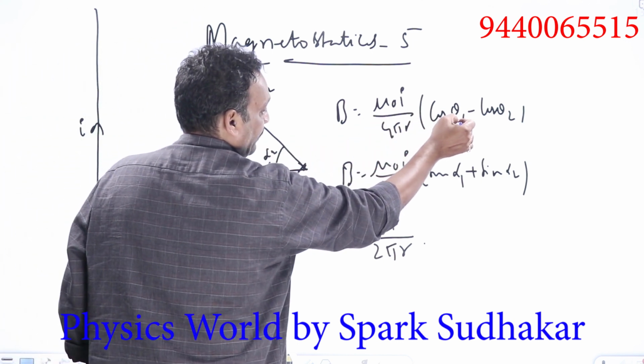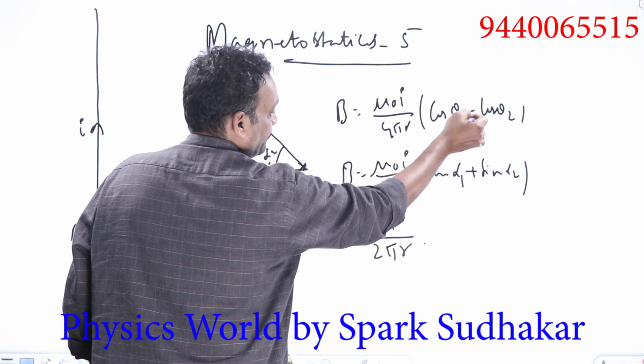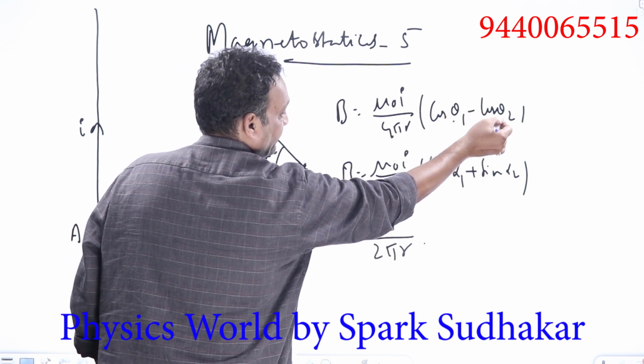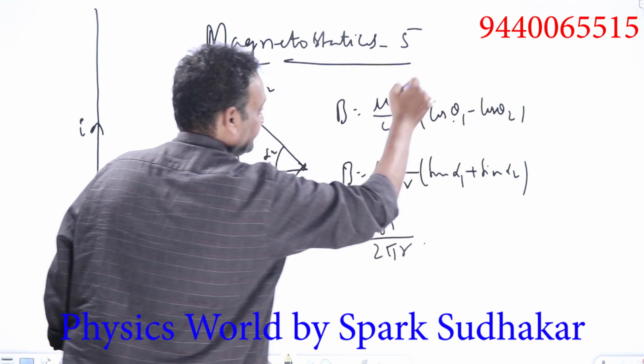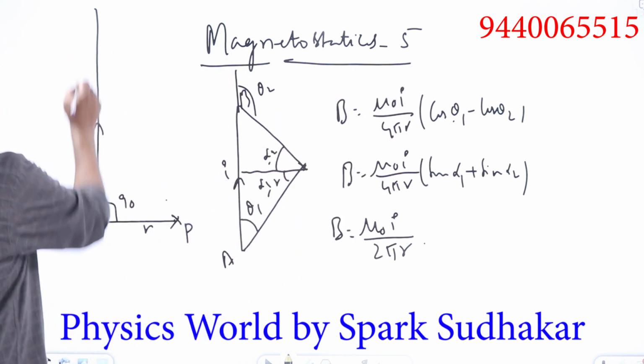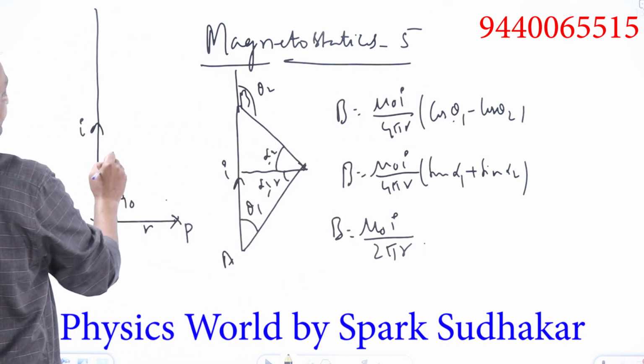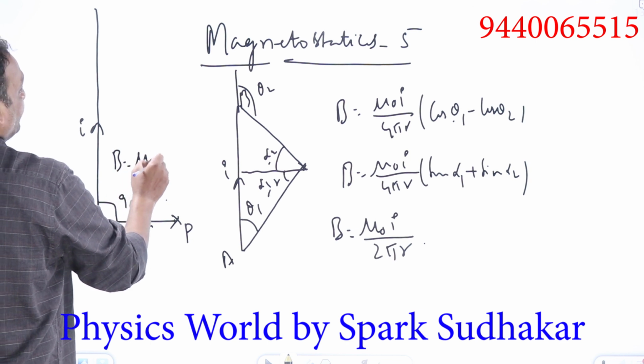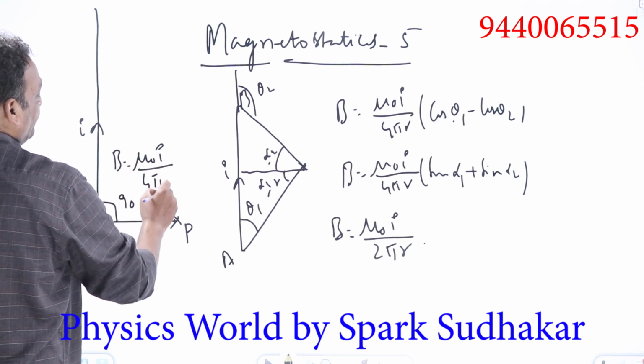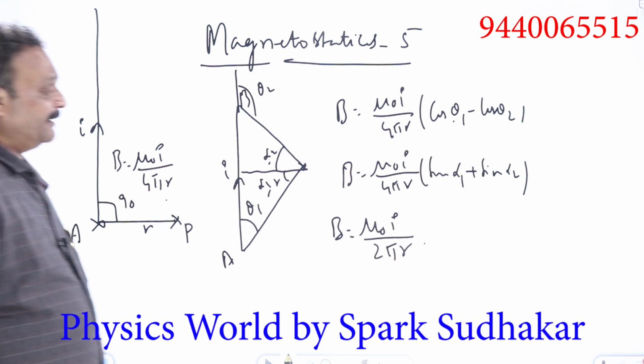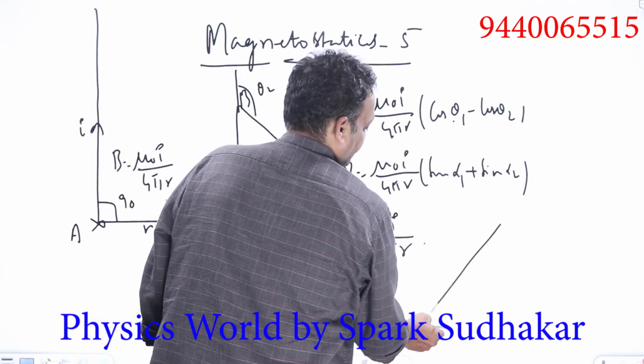Cos 90 is 0, and minus cos 180 is minus of minus 1, which becomes plus 1. So B due to a semi-infinite wire at one end is mu naught I by 4 pi r.